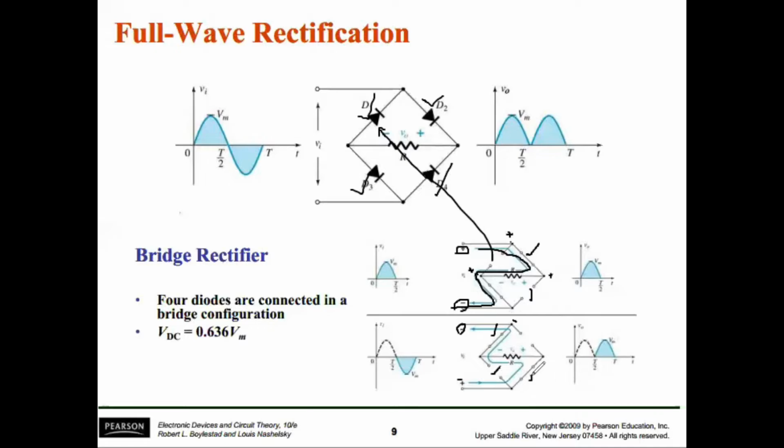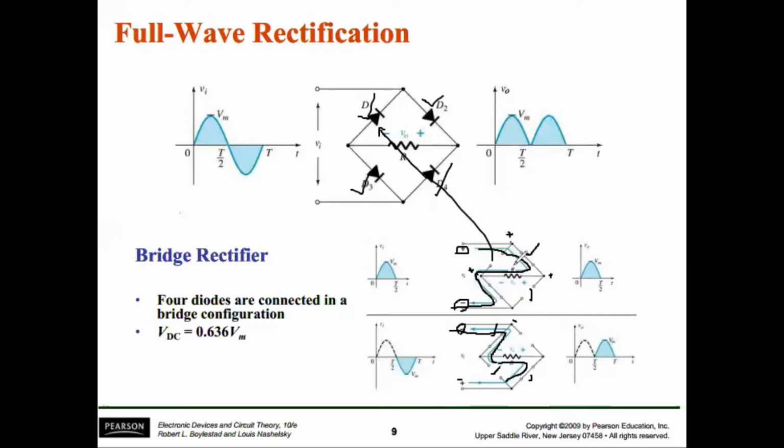This is the short switch, because this is now the forward bias region. The current will flow from here and then here. Then it will come here, and this diode will become a short circuit because of forward biasing, and the current will flow from here like this one. So the circuit will be completed like this one.